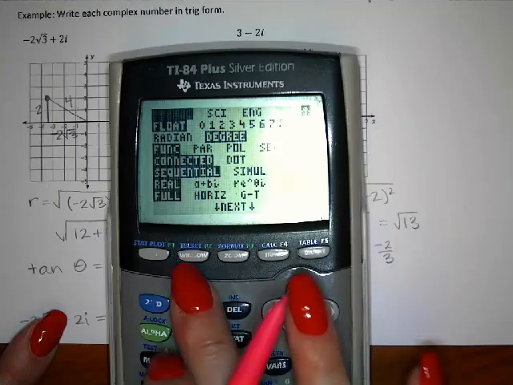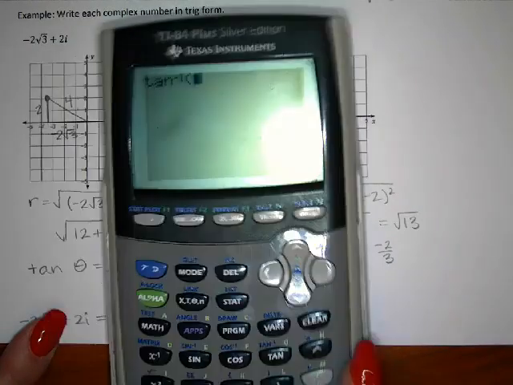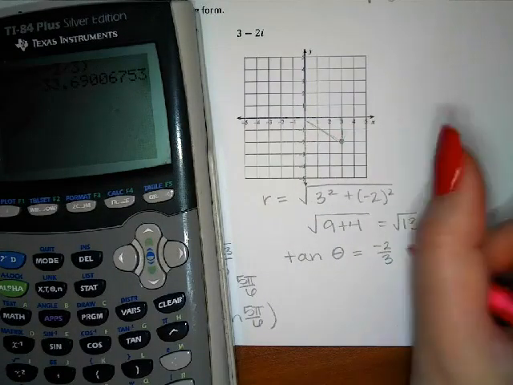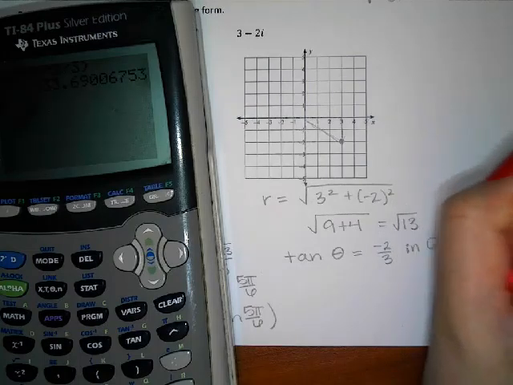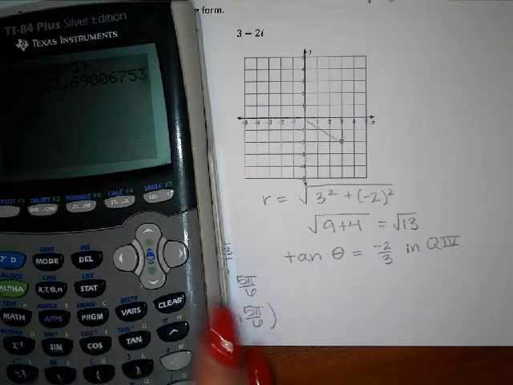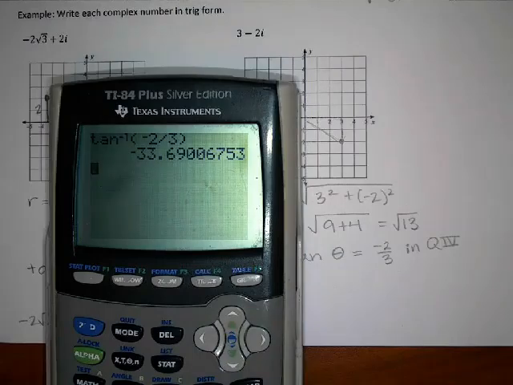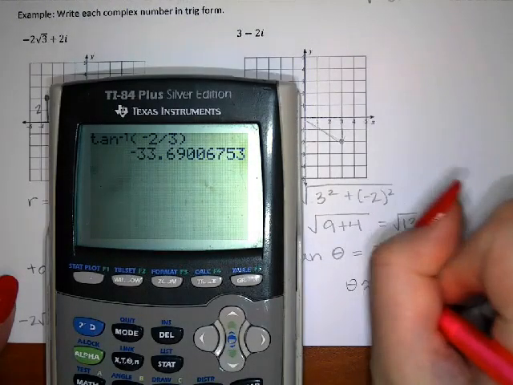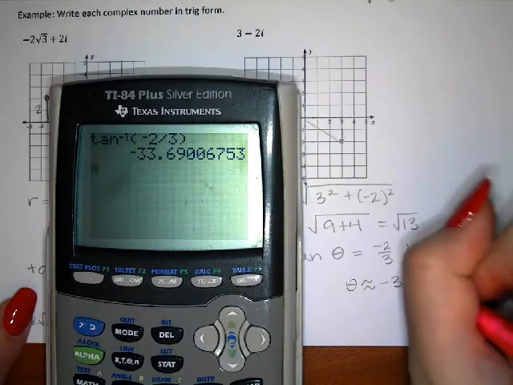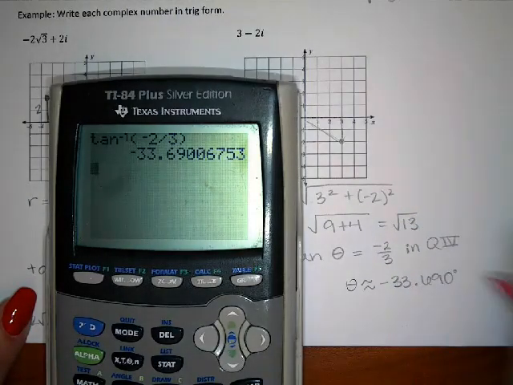of -2/3. And I know that my degree should be in quadrant 4. And in quadrant 4, we have to keep track of the note that said we want to use the smallest non-negative value. So we have that theta is approximately -33.690 degrees, and this is in quadrant 4 already, but this is a negative value, and they always want us to choose values that are on the unit circle.